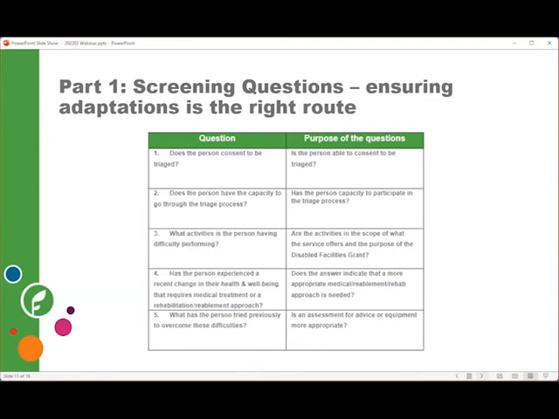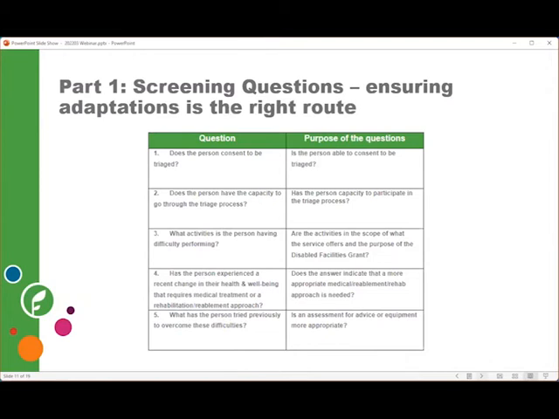The other three questions on the screening just ensure that we've got the person on the right pathway, that adaptations is the right pathway, and we don't need to look at reablement, or that the person perhaps needs a review by the GP just to check that they're okay, or whether we need to be looking at advice or equipment. So that's why we've got screening questions.